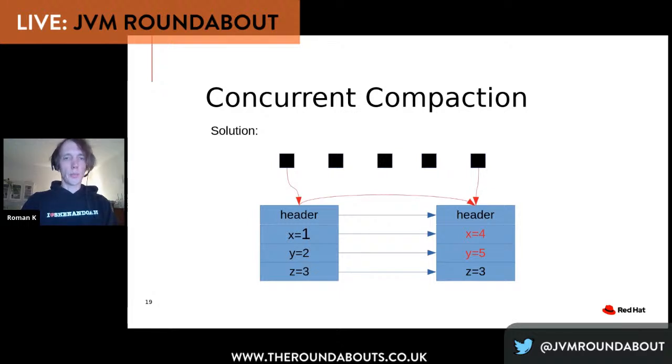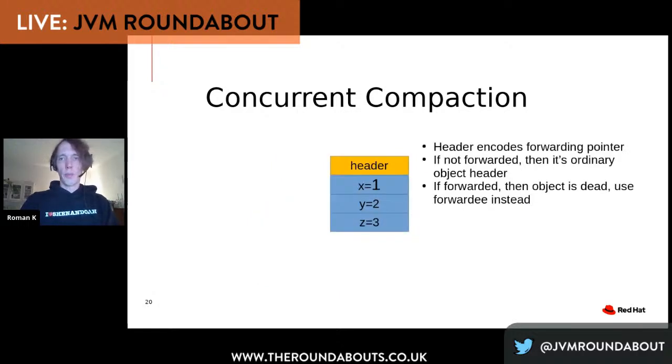How does that work? So let's see. First of all, each object has a header. This header has a very overloaded meaning in the JDK. It contains marking bits. It contains a pointer to lock objects and the age of objects, and even the hash code is encoded there. So we add one more overloading there. We put our forwarding pointer there.